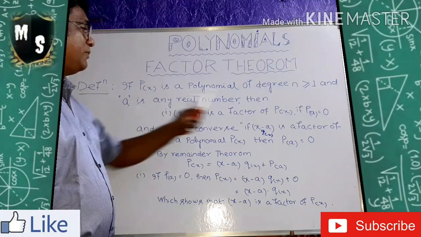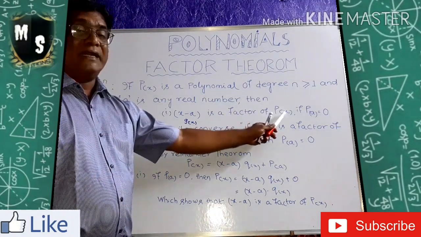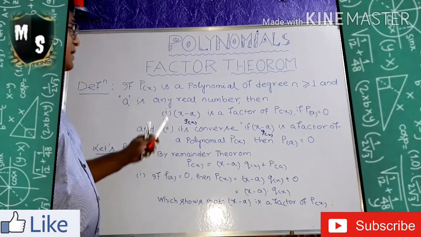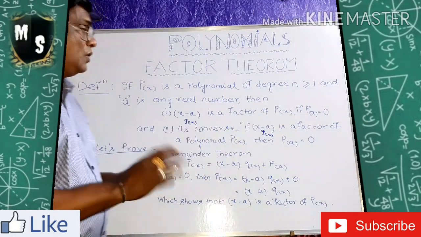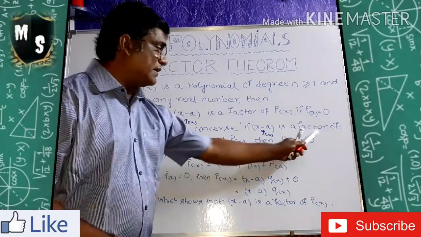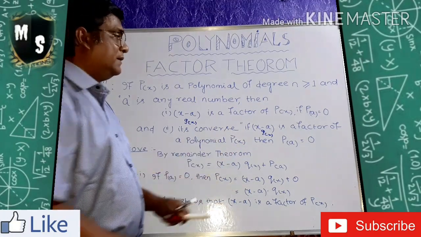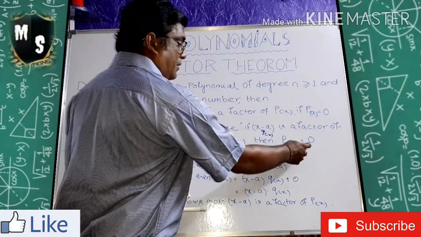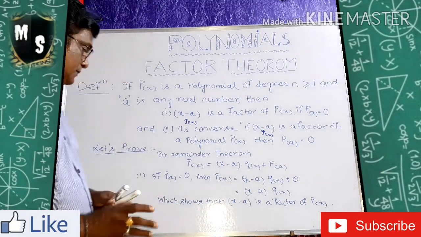When you put a in place of x in polynomial p(x) and it gives you 0, then x minus a is a factor of polynomial p(x). So the converse is: if this is a factor of polynomial p(x), then p(a) will be equal to 0.